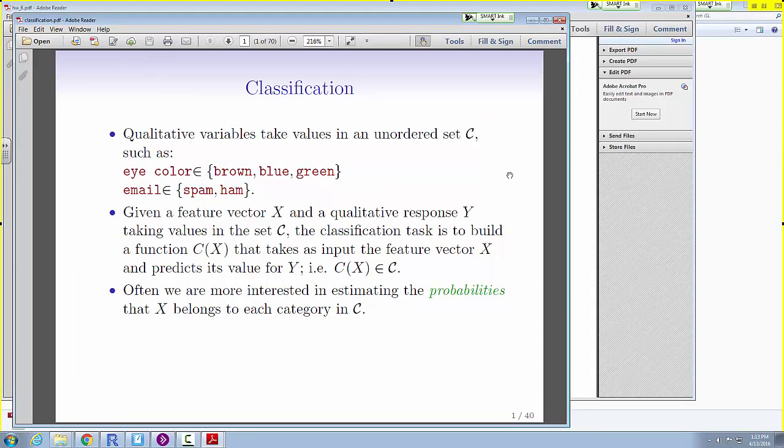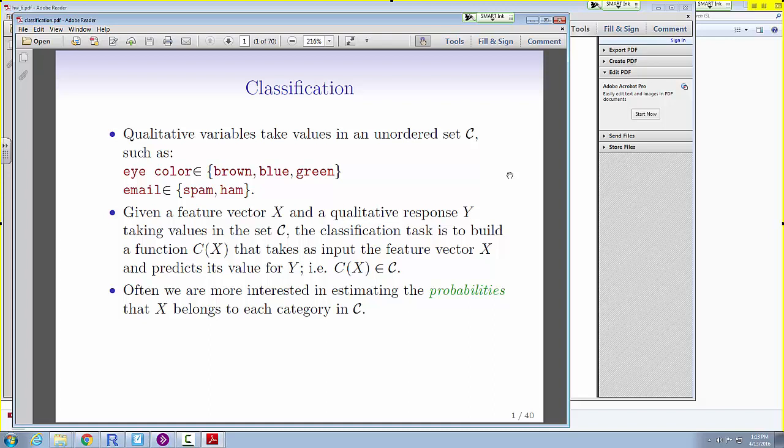Qualitative or quantitative response now. And the classification idea is, given your input variables, I want to predict which class you're in.